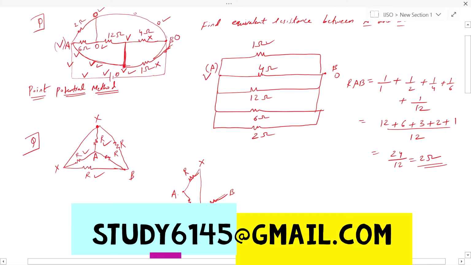A and B also there is one more resistor. So this and this is on top, and X and B there is one more. So I think all the resistors are included.